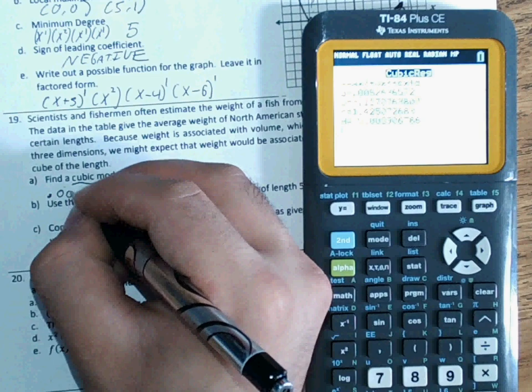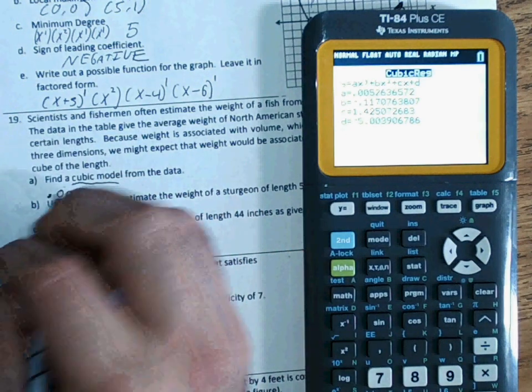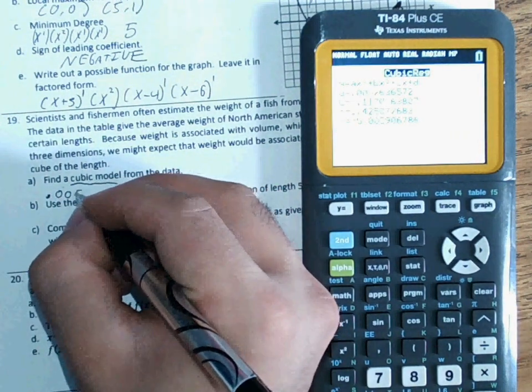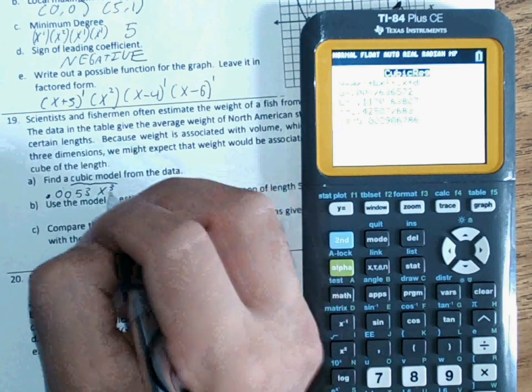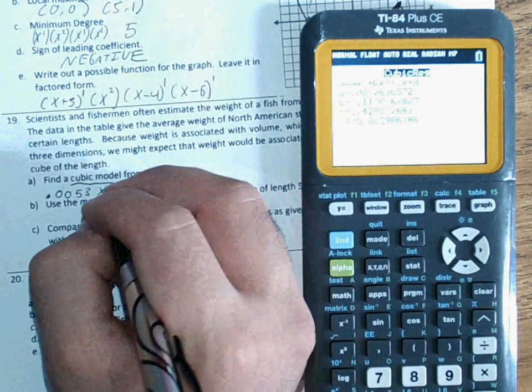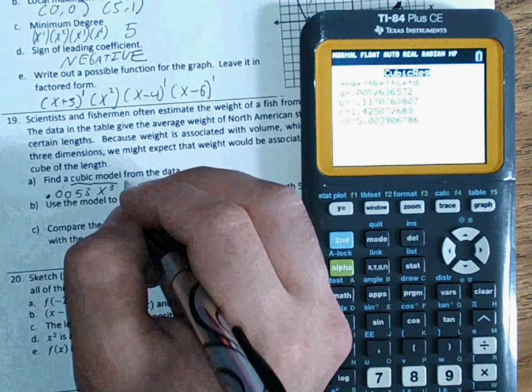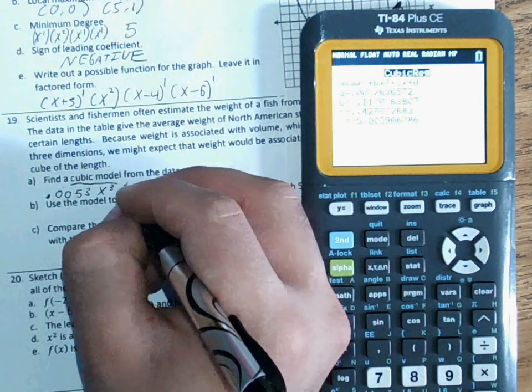So the cubic model, we can approximate that, would be 0.0053 x cubed, plus, so actually that would be minus, so sorry.